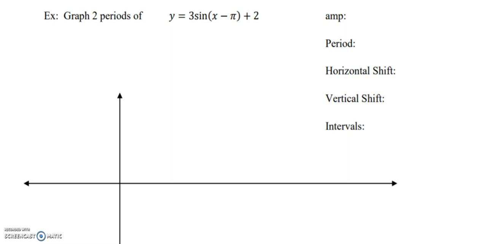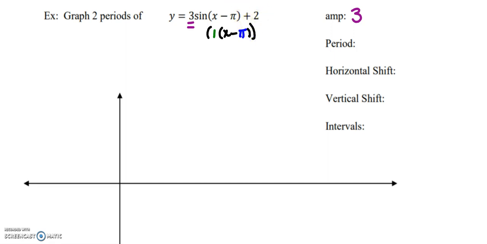We're going to go through and identify all of our information just like we have been before we start creating the picture. So our amplitude comes from our vertical stretch, which is the absolute value of 3, so in our case just 3. The period comes from, if I write this, again I'm going to factor out my greatest common factor, which in this case is just 1. That's not very exciting, but I'll write it anyway just for consistency's sake.